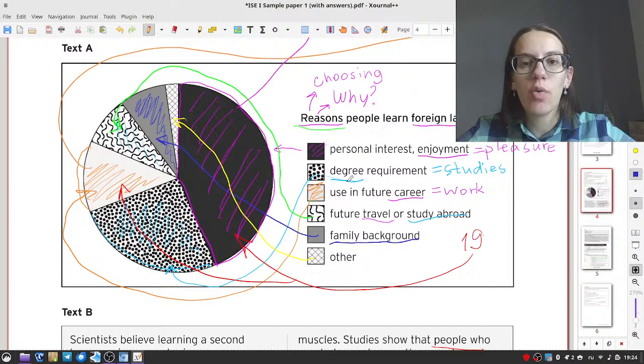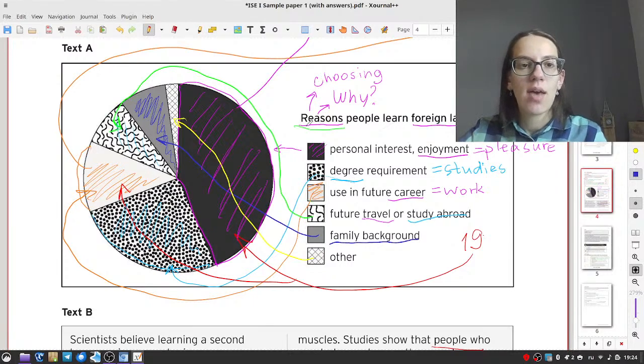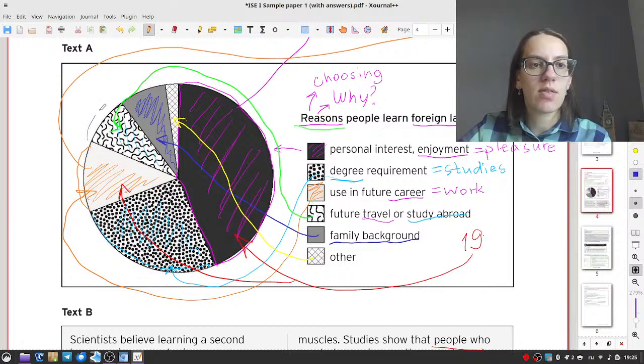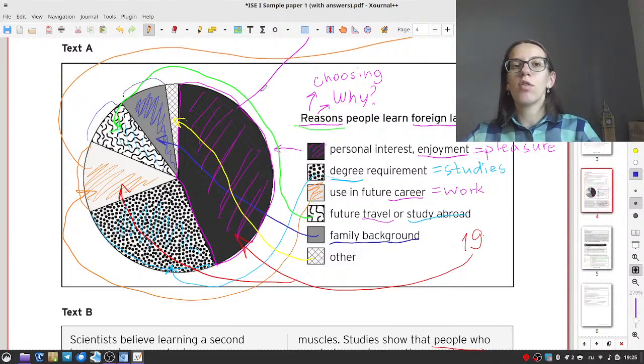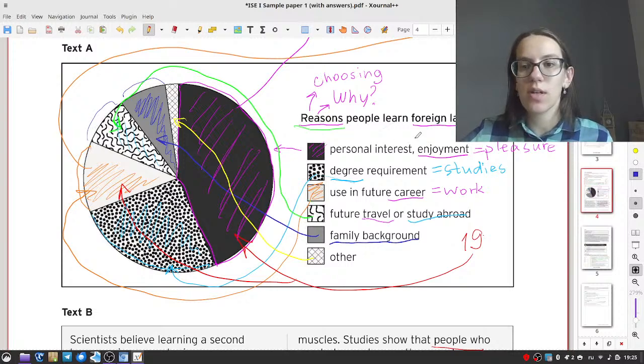If you don't know the word degree, if you don't understand that degree requirement means for studies, like a university degree, then you can look at this part and they look the same. And you would say it's not true. You would say it's the same. But that would be incorrect. The correct answer is it is true, because it's not just this green part here, the future travel or study abroad.